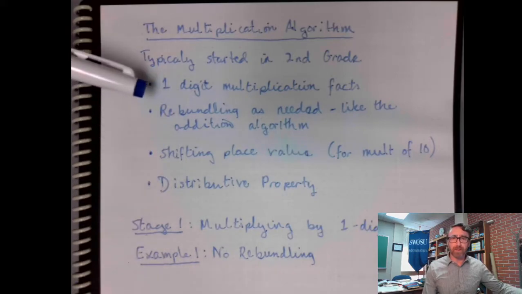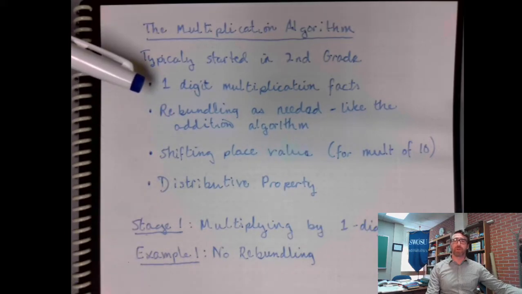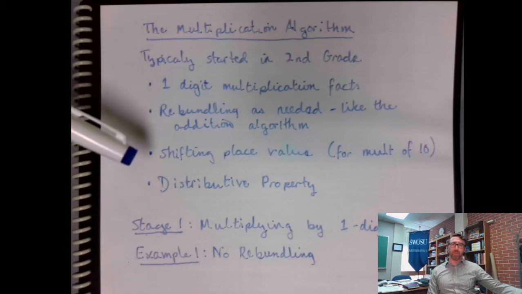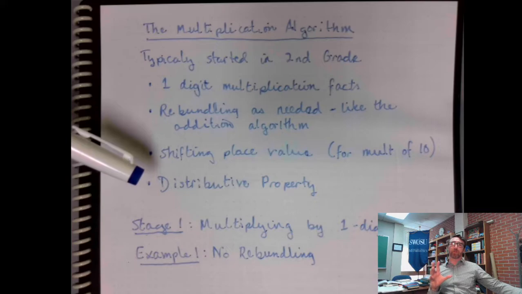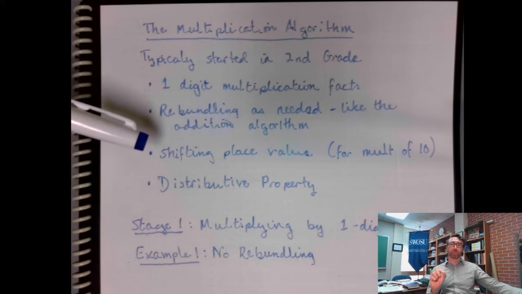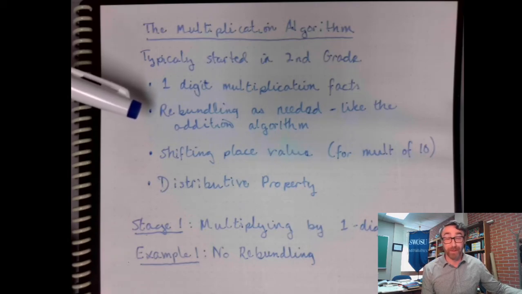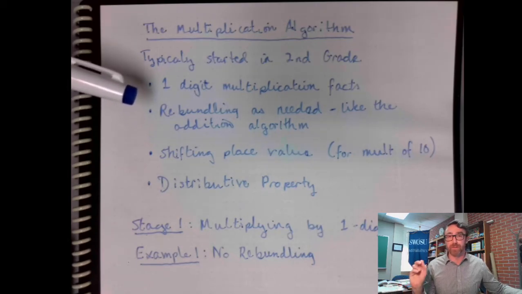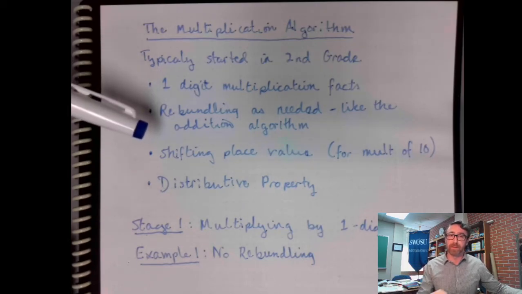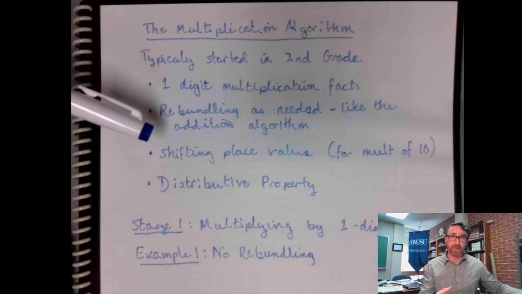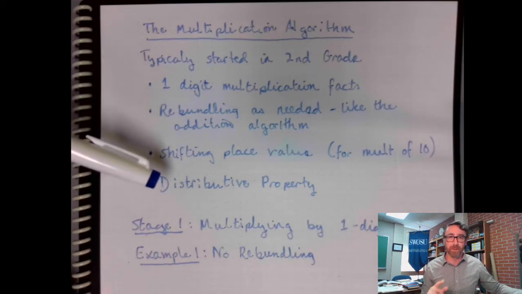So the multiplication algorithm is typically started in second grade, and these are the four things that are required of students before they can engage with it. They need to know their one-digit multiplication facts. They need to understand rebundling as used in the addition algorithm, so this is why it comes later in the teaching sequence.